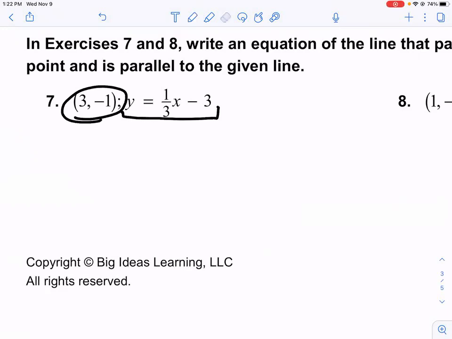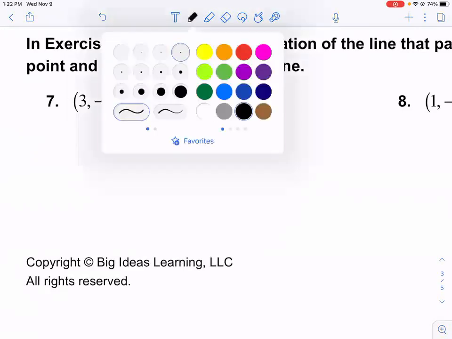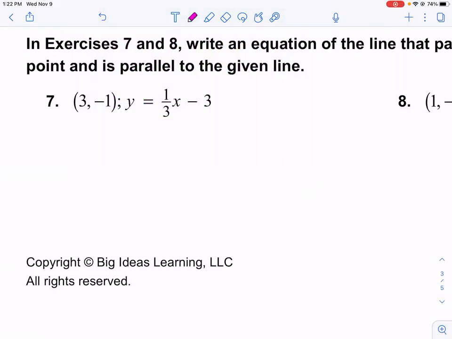Let's dissect that. If it is parallel to this line, what does that mean about our slope? It's going to be the same thing. What is the slope of this line? Okay, so here we have our slope. And here we have a point.